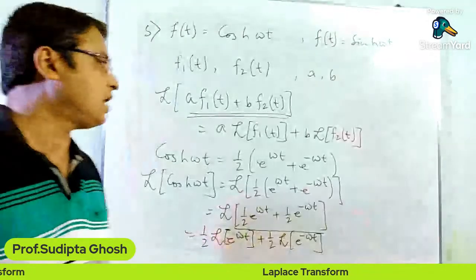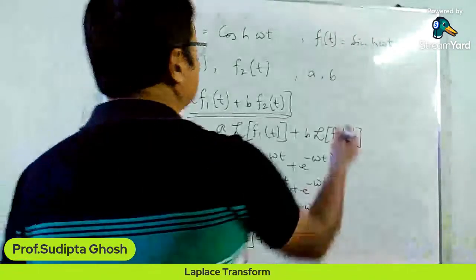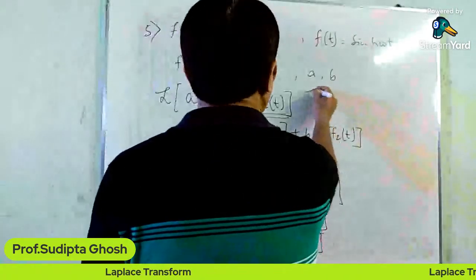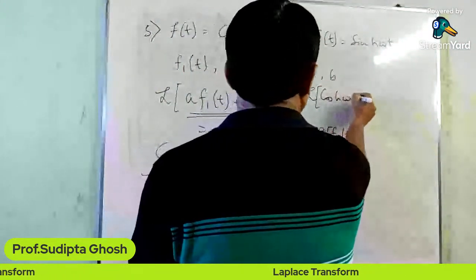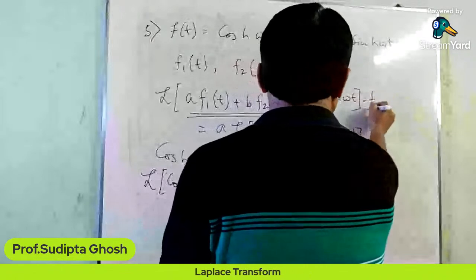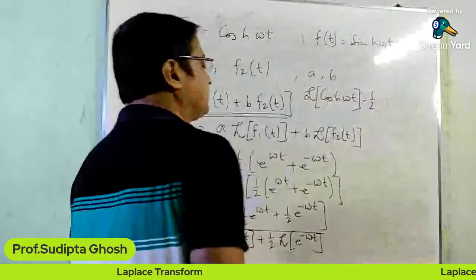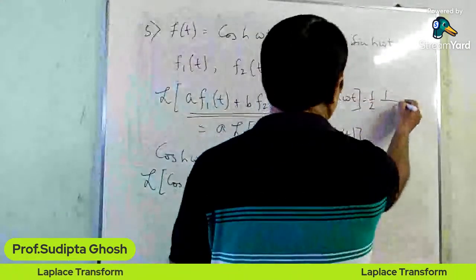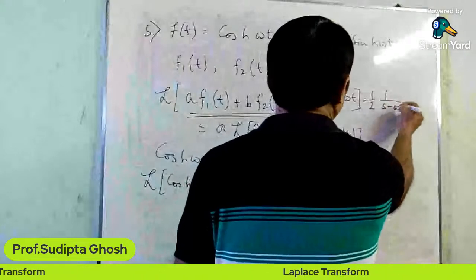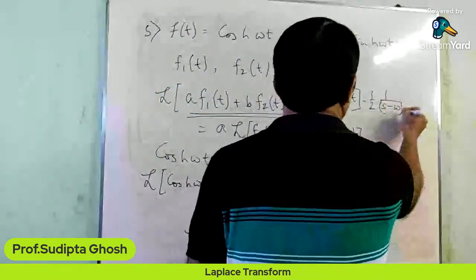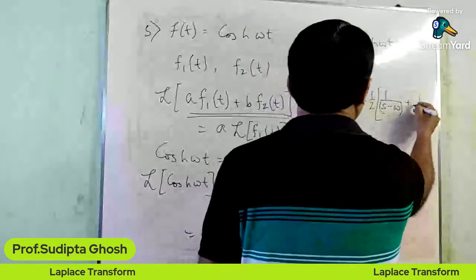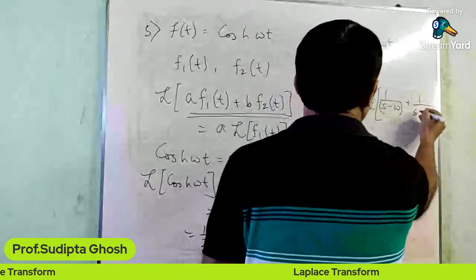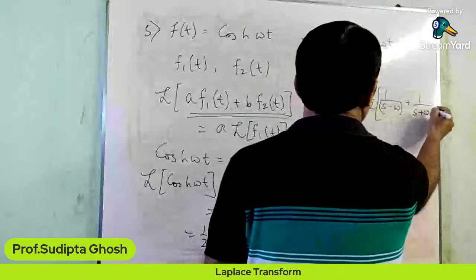So now put these values: the Laplace transform of cos hyperbolic omega t equals half of 1 by s minus omega, then plus, taking half as common, 1 by s plus omega.